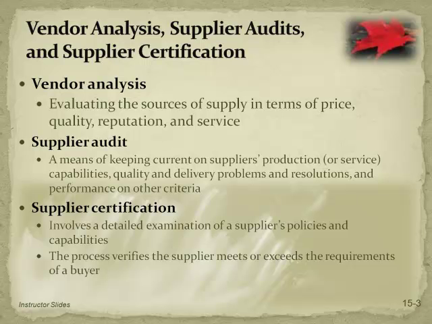So identifying them, getting information about each of them, maybe doing some inquiries with some other companies to see what their reputation is, doing a supplier audit, which could involve a trip to the supplier to meet with individuals in their operations department, talk to the people themselves, to get a good gut feeling that this is a company that you wish to do business with. And then also possibly eventually certifying the supplier.